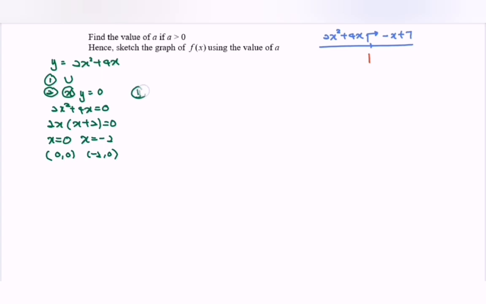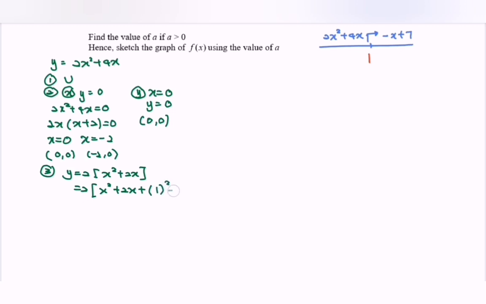Then we have the y-intercept when x equals 0. The value of y also equals 0. Third step, we have the standard form. So y equals 2(x squared plus 2x), which is 2(x squared plus 2x plus 1 squared minus 1 squared).